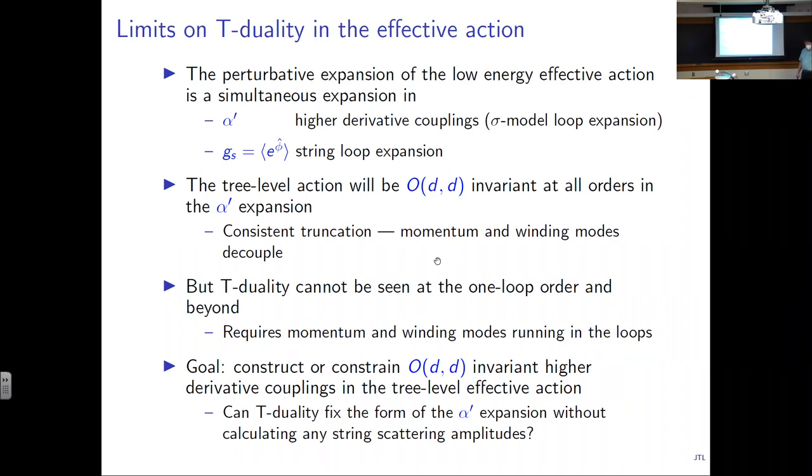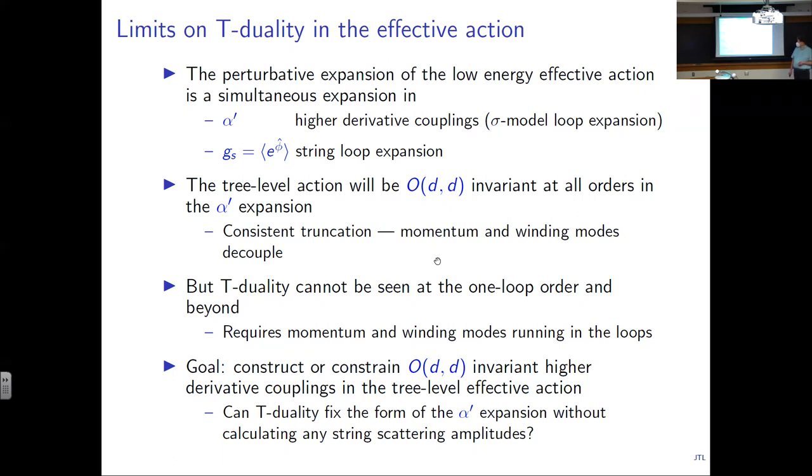at least for the perturbative corrections, you usually classify them as alpha prime corrections and string loop corrections. And so what happens is different between tree level and loops. I'll just make a statement right now that the tree level part, to all orders in alpha prime, order by order in the perturbative expansion, needs to be O(d,d) invariant if it's coming from string theory.